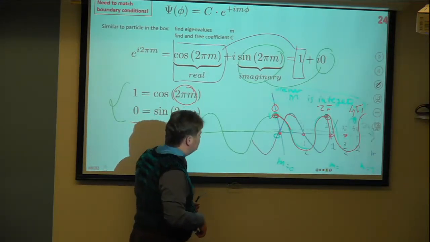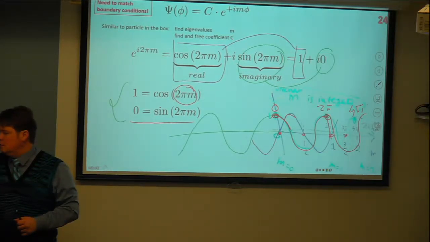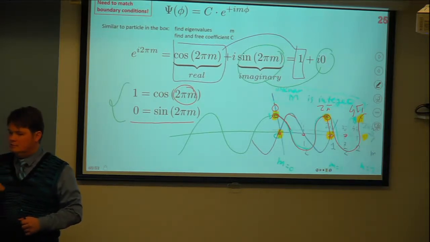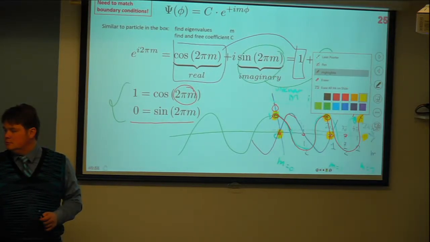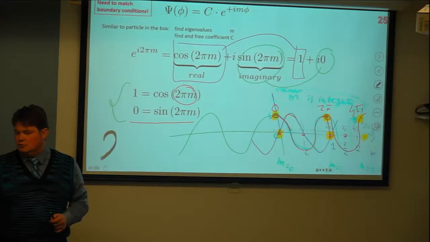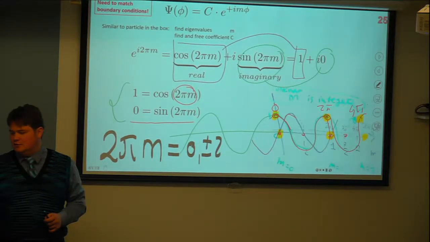So we will take only those points where this coincidence happens: 0, plus minus 2 pi, plus minus 4 pi, right?